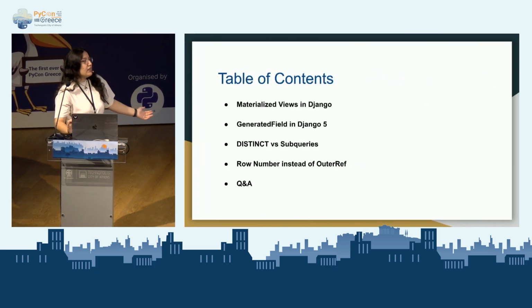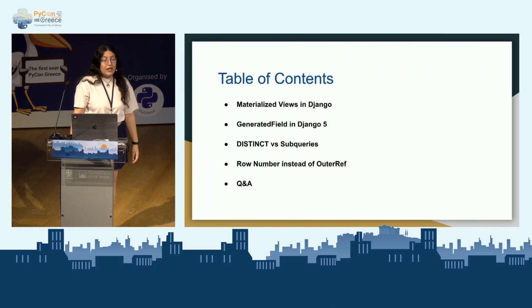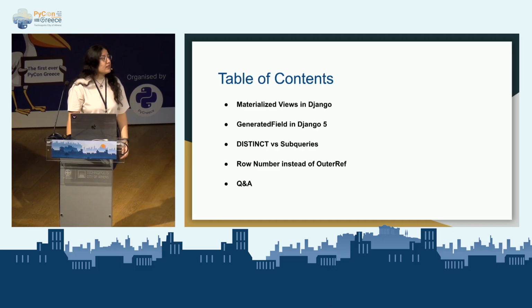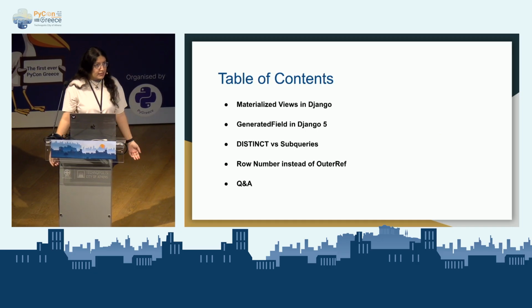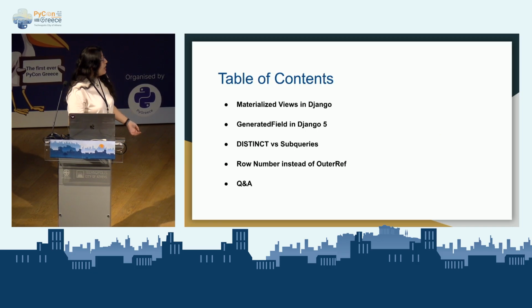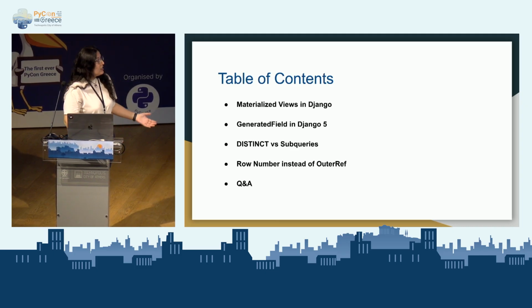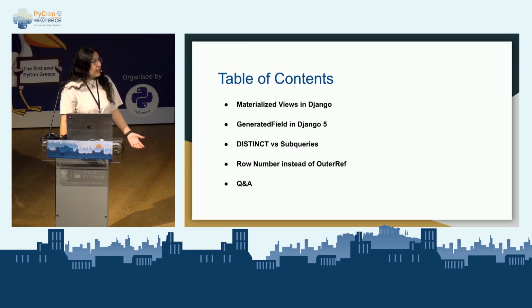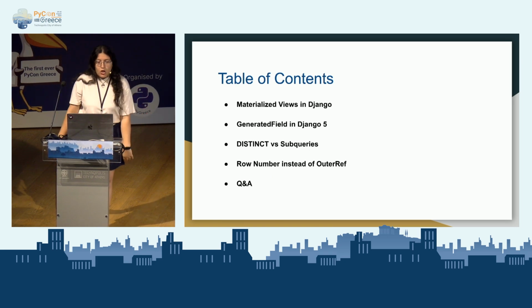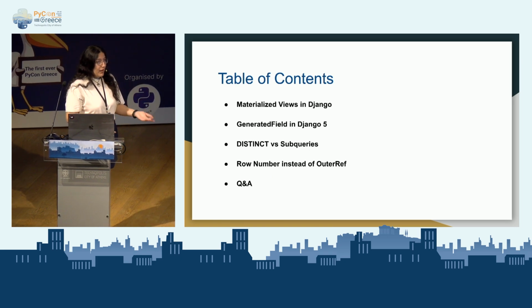So today we will talk about Django performance techniques beyond the usual ones like select_related, prefetch_related, or indexes. When the data grows, the common optimization techniques are not enough, so we look at different ways to speed up our applications. We have four main topics.